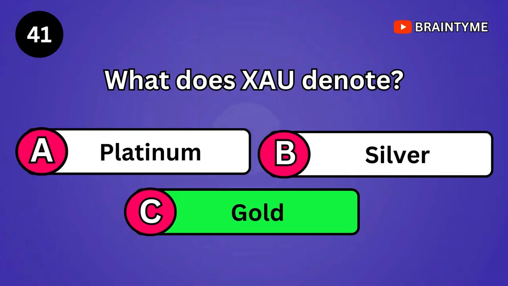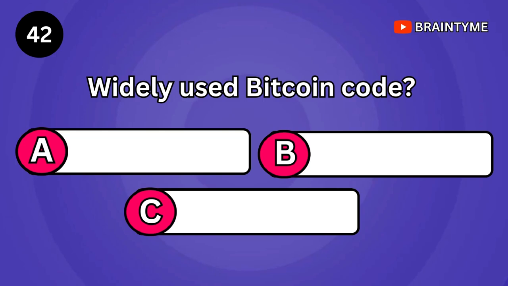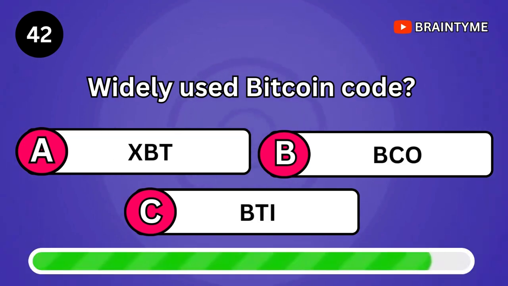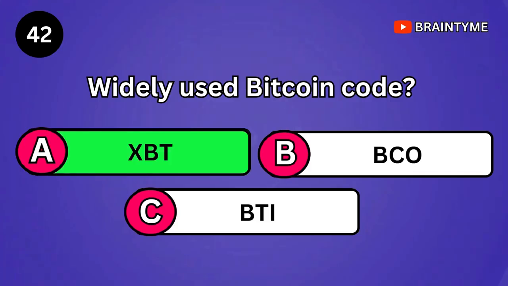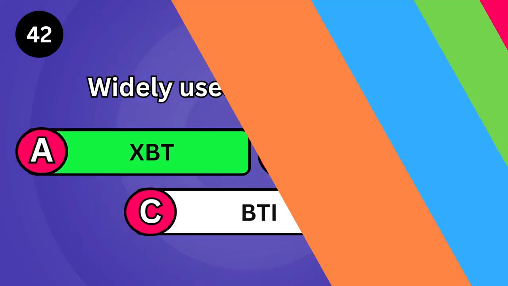Gold, 1 troy ounce. Which code is widely used for Bitcoin though not an official ISO currency? XBT. BTC is used informally.